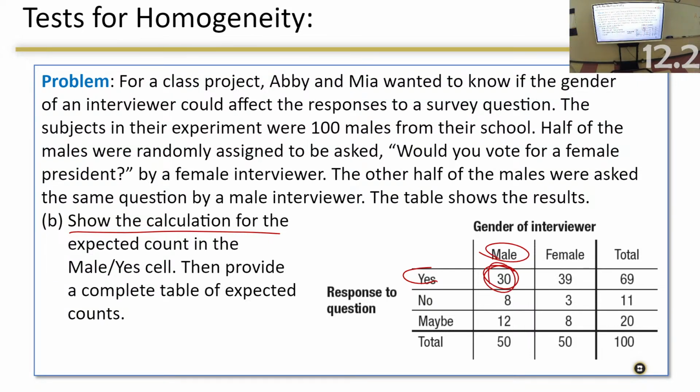Well, I'm going to go to the total right here, and the total right there, and multiply those two numbers together. Multiply 69 and 50 and divide by the table total. That's going to be the expected count for that cell. Okay?